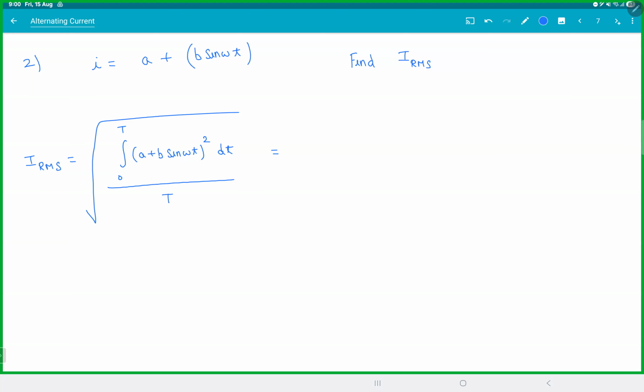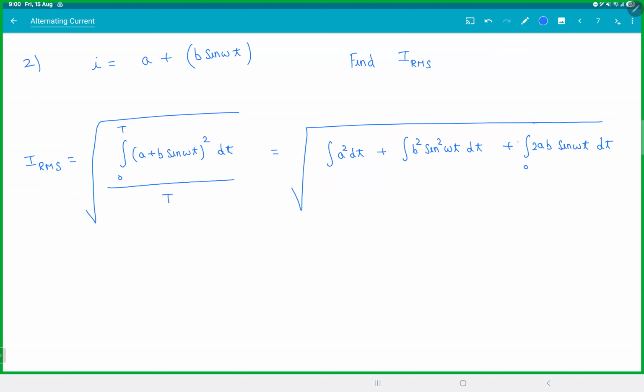If you expand this, we have the integral of a square dt, plus the integral of b square sine square omega t, plus the integral of 2ab sine omega t, each from 0 to T.